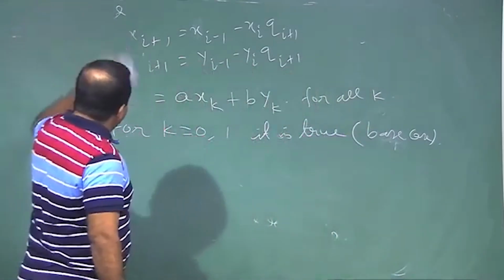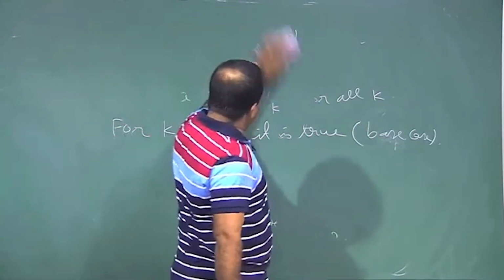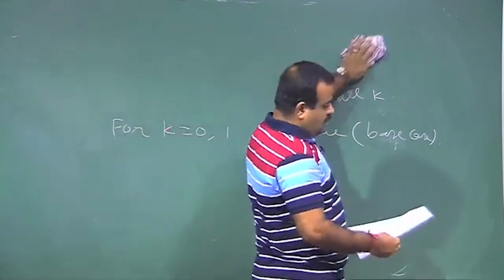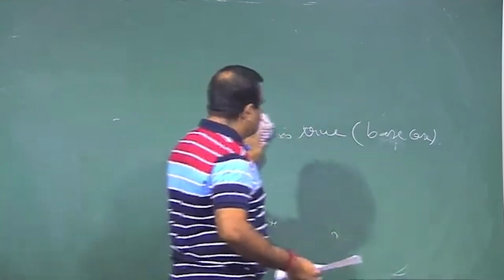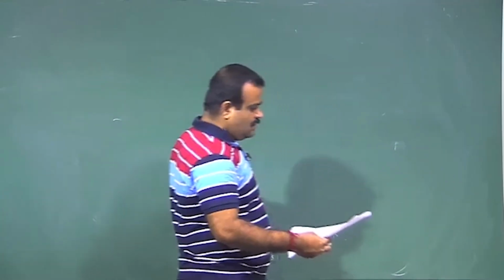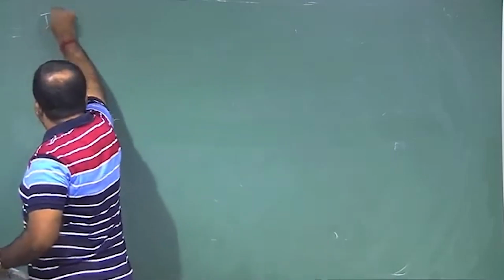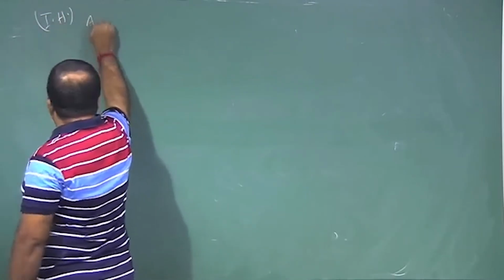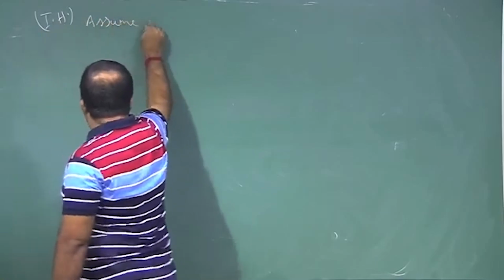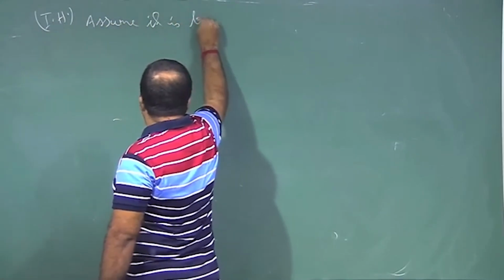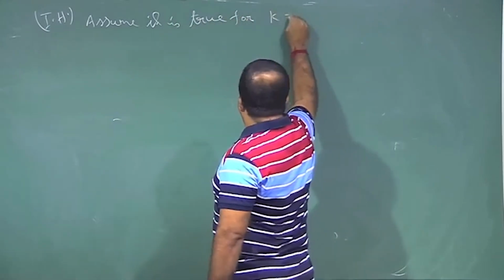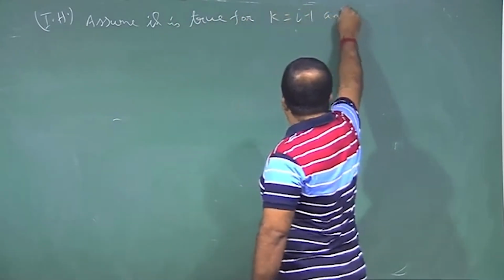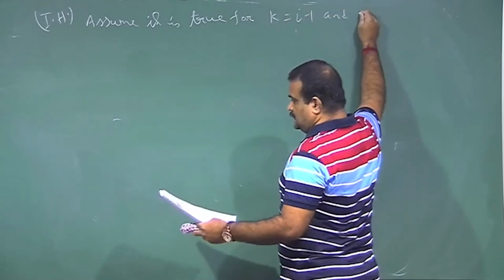Now we assume the statement is true for k equal to i minus 1 and i, and then we will show the statement is true for k equal to i plus 1. So, this is the induction hypothesis, or the assumption. What is the assumption? We assume it is true for k equal to i minus 1 and k equal to i.